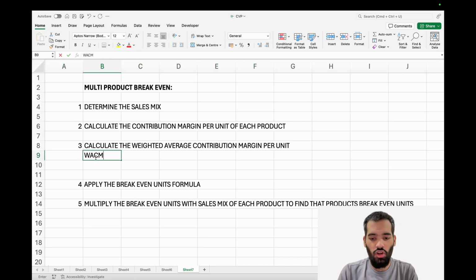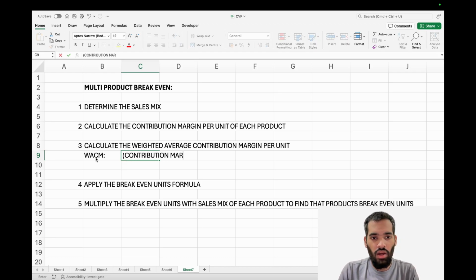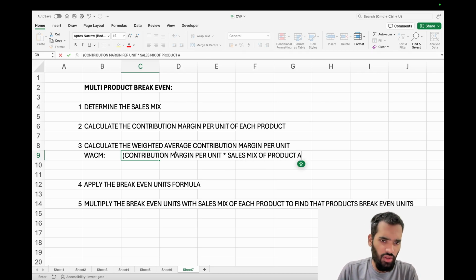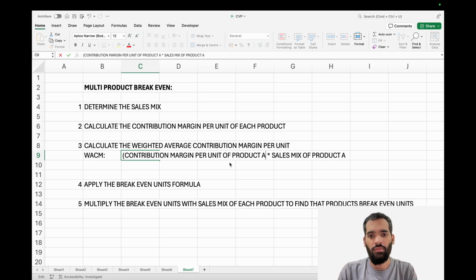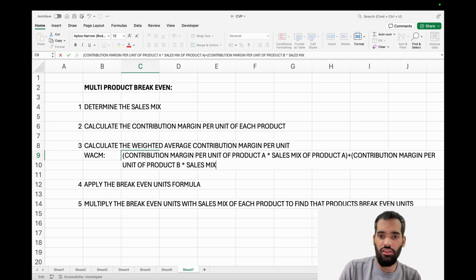For weighted average contribution margin, the formula will be contribution margin per unit of product A times sales mix of product A, plus contribution margin per unit of product B times sales mix of product B, and so on.